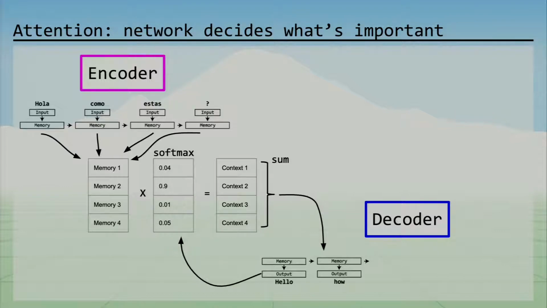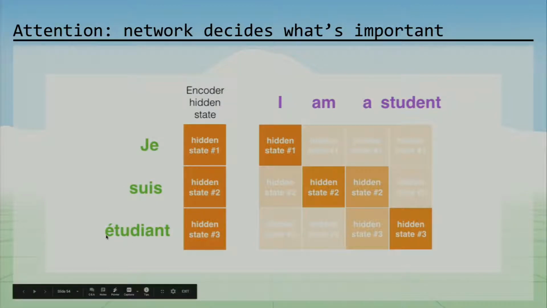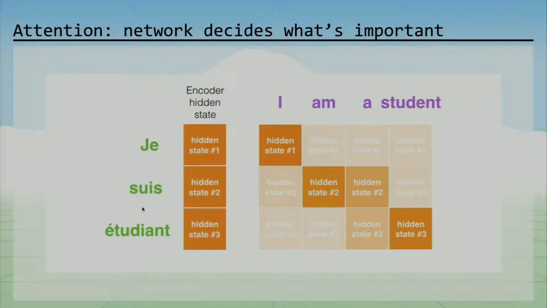And this actually leads to some interesting results, especially for things like translation, where you can see what input words the network is looking at as we're translating a given sentence. So for example, if we're translating from French to English a sentence like "I am a student," in French there are just three words: "I am student."